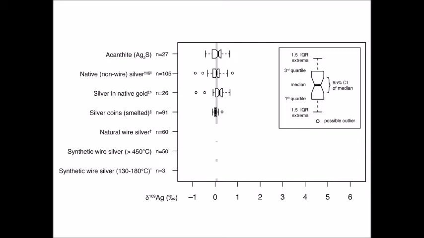And what we find if we look at silver isotopic composition of acanthites from many different samples around the world, native silvers that are not of the wire morphology, and other samples including smelted silver and silver as an alloy in gold samples, there is very little variation among the medians of the isotopes for those different types of samples. However, natural wire silver, that is a morphology that is not described above, has a slight enrichment compared to the others with respect to 109.